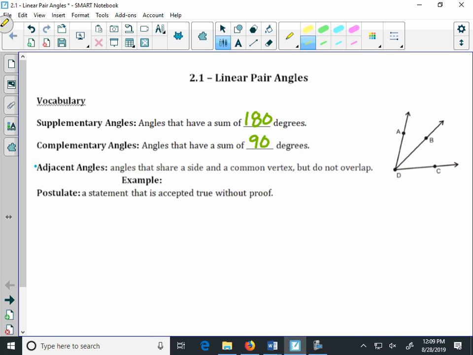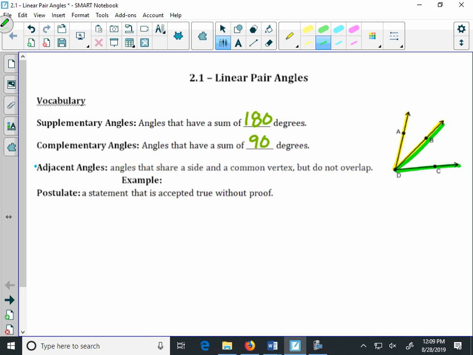So we look at this diagram here. Angle ADB is right next to angle CDB. They're right next to each other. If you notice, they share a side. They have a common side. They are adjacent. You can highlight it or write it down here.